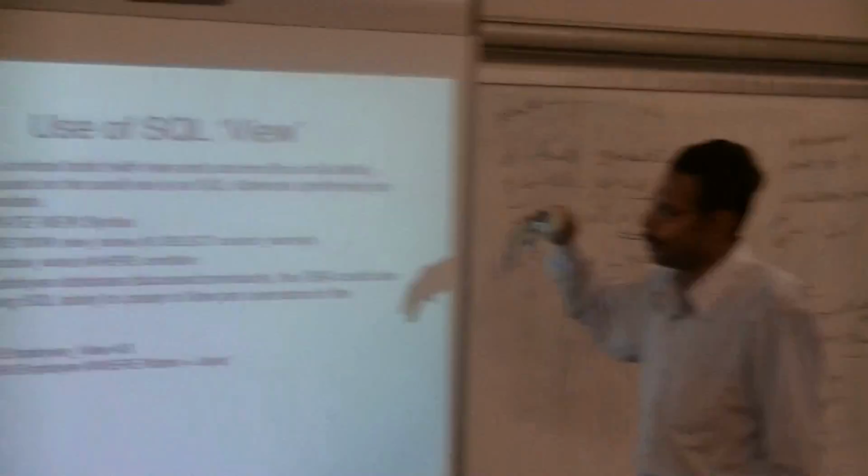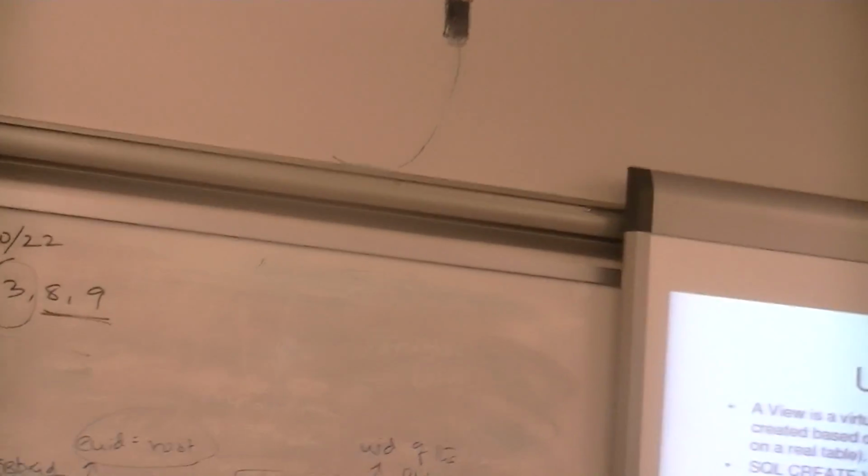But the DBA can have each user not work directly on the original tables. Each user can work only on a virtual table, called a view. And if he makes any updates to the virtual table, the updates are reflected on the original table.